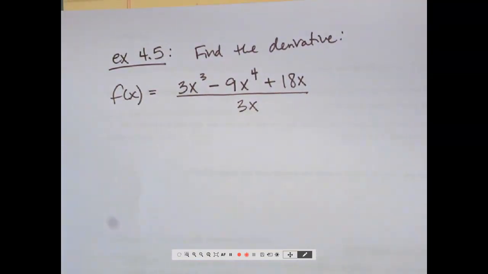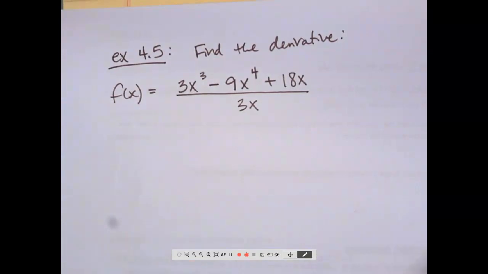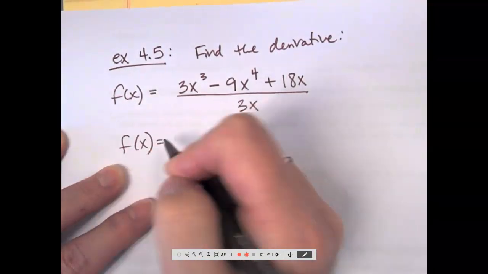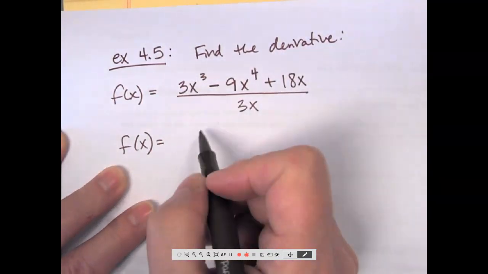Okay, so one thing that I can do is just take each of these terms and divide it by 3x. So that's what I'm going to do first. Not taking a derivative, I am just dividing all 3 terms in the numerator by the term in the denominator.